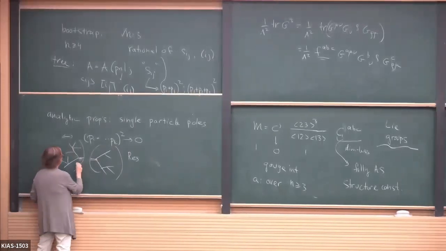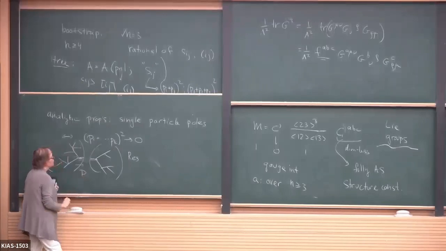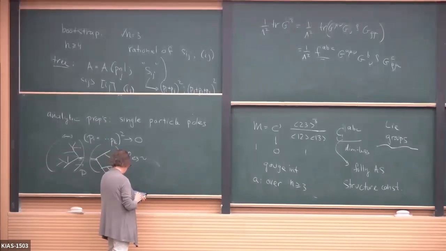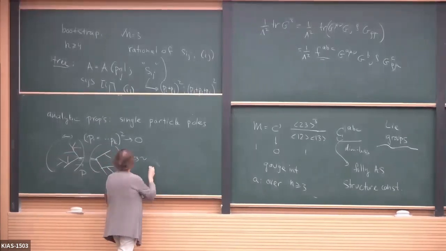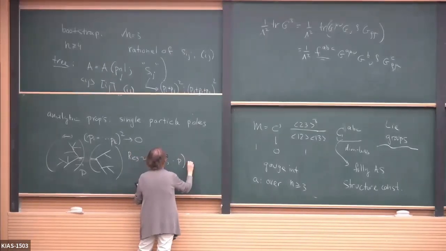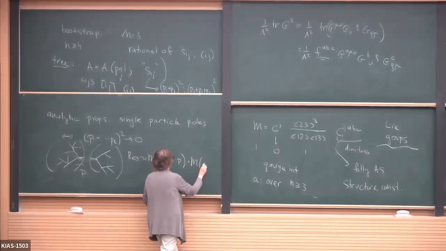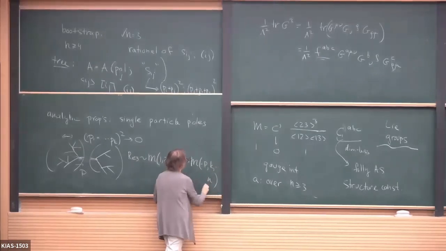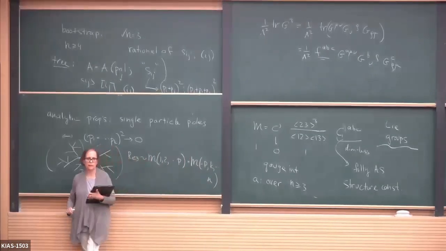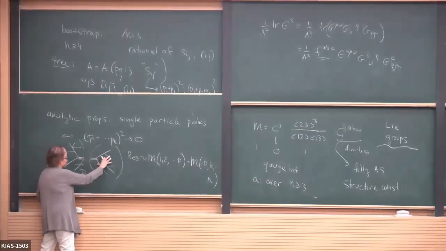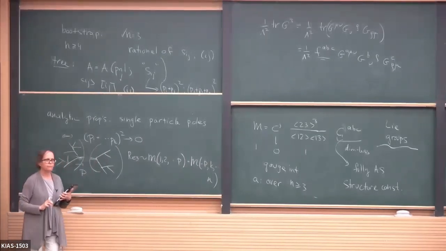So let me call the momentum that's flowing here P. So the residue has to be equal, up to some factor, to the amplitude on the left, 1, 2 to P, times the amplitude on the right, minus P, and let me call it K to N, whatever these are. But the residue is equal to this amplitude times this amplitude. Okay, is this clear?